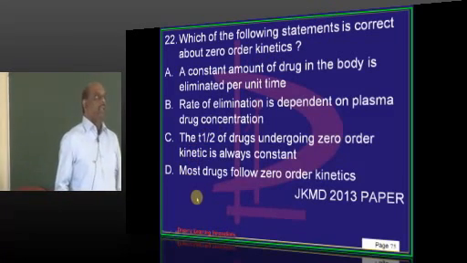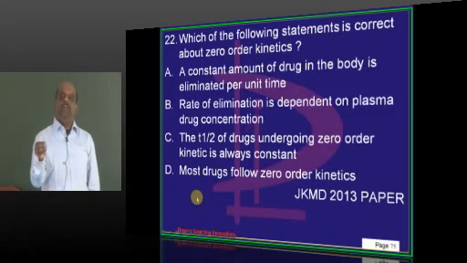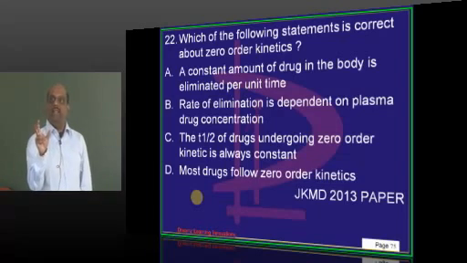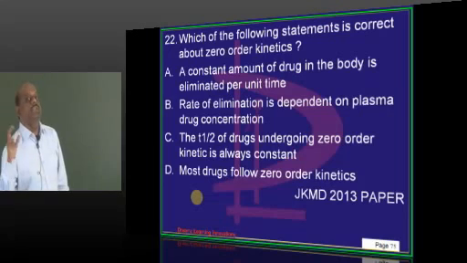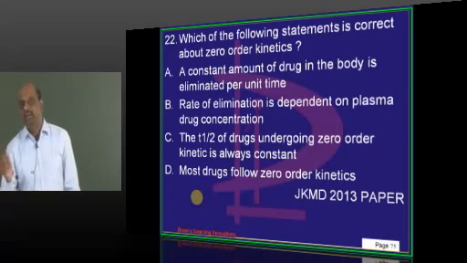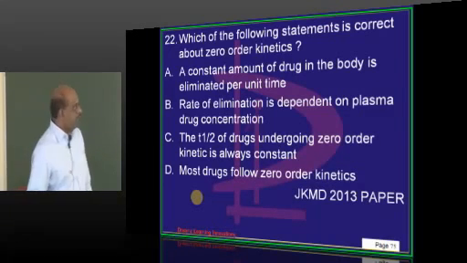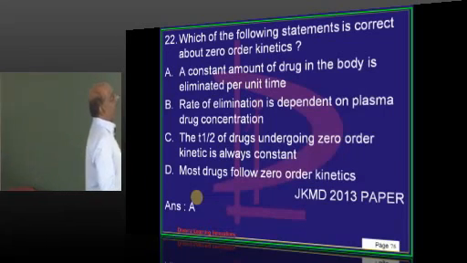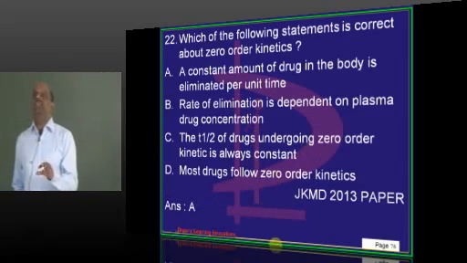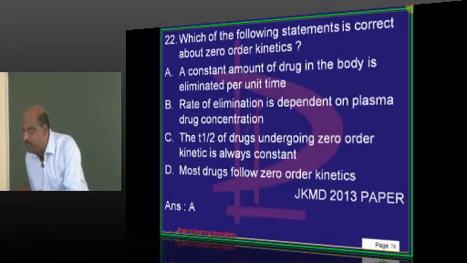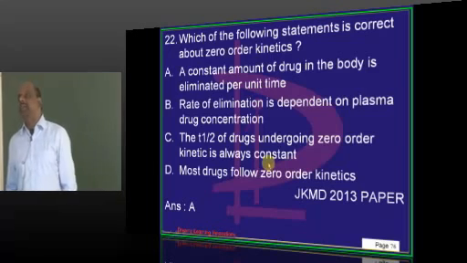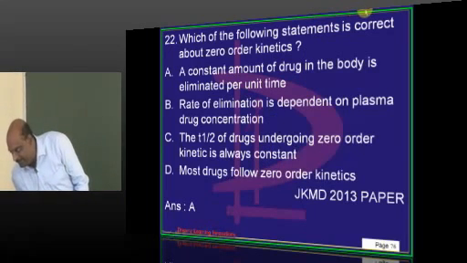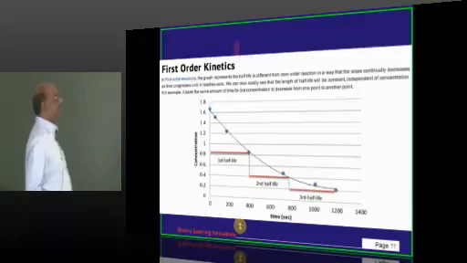Whereas if 100 becomes 95, 95 becomes 90, 90 becomes 85, a fixed amount is getting eliminated rather than a fixed proportion, you call it zero order. Zero order is a slow method of drug elimination. So what we need to remember is a constant amount instead of a constant proportion being eliminated, which you call zero order kinetics.